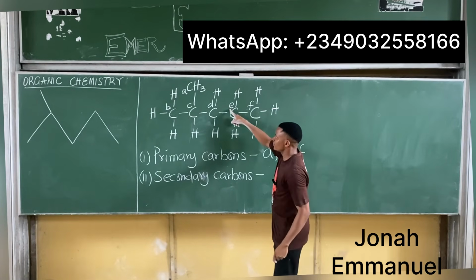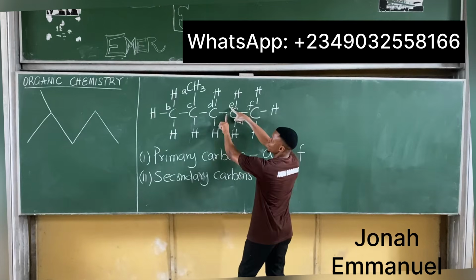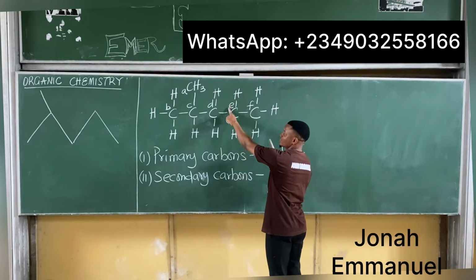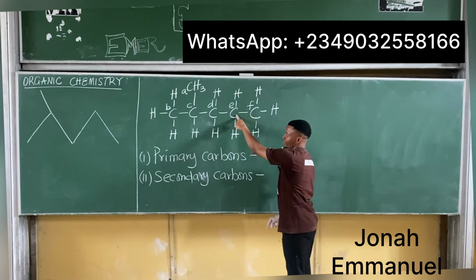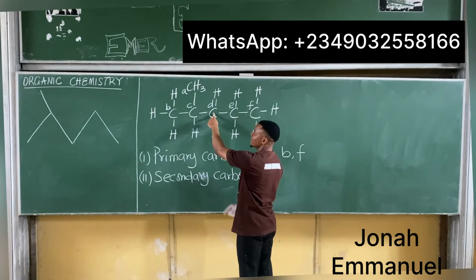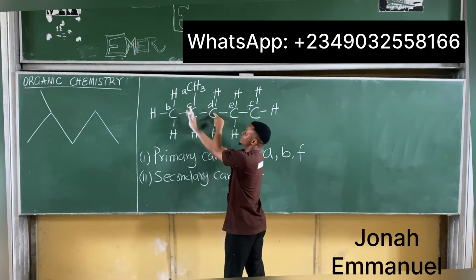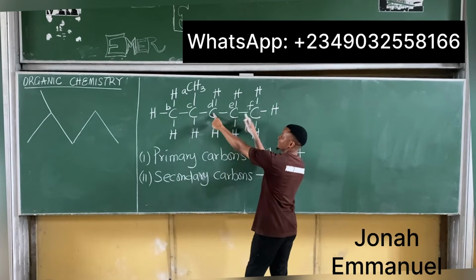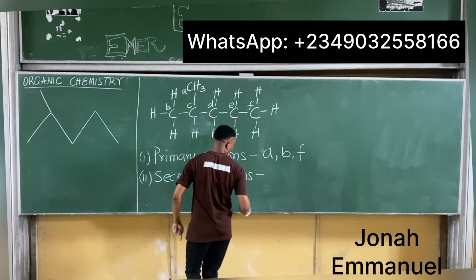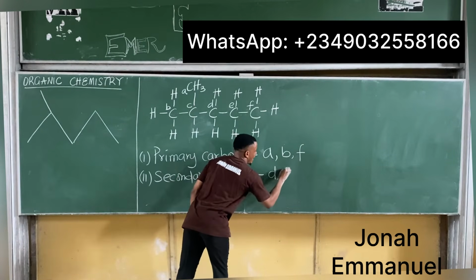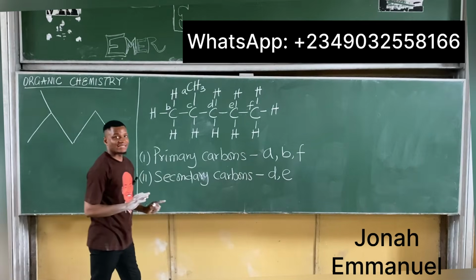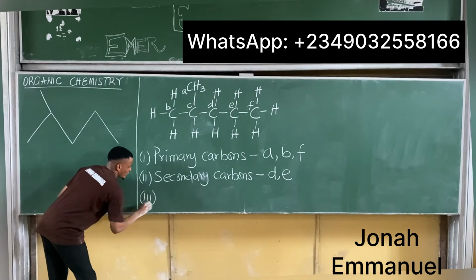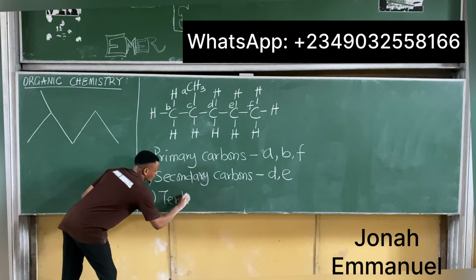Look at E. E has this one as an attachment and also this one. So E is secondary. Look at D. D has all of this as an attachment on one side, and also all of this. So carbon D and E are both secondary carbons.